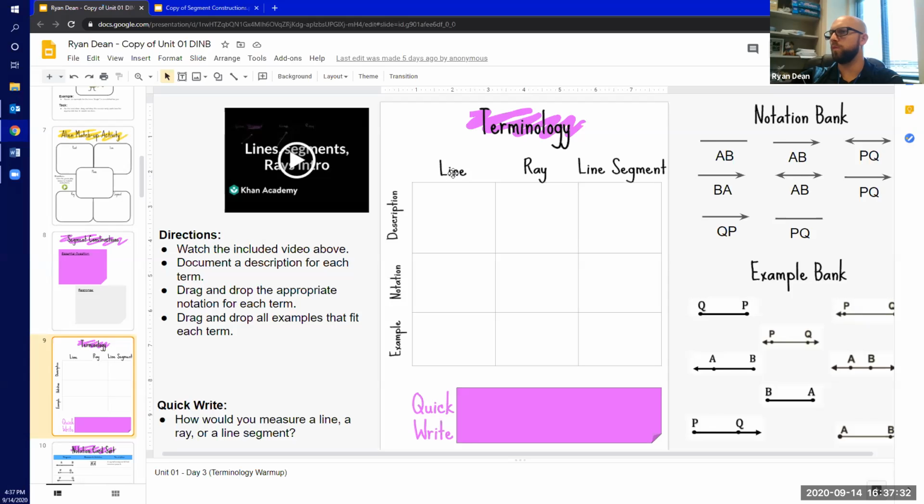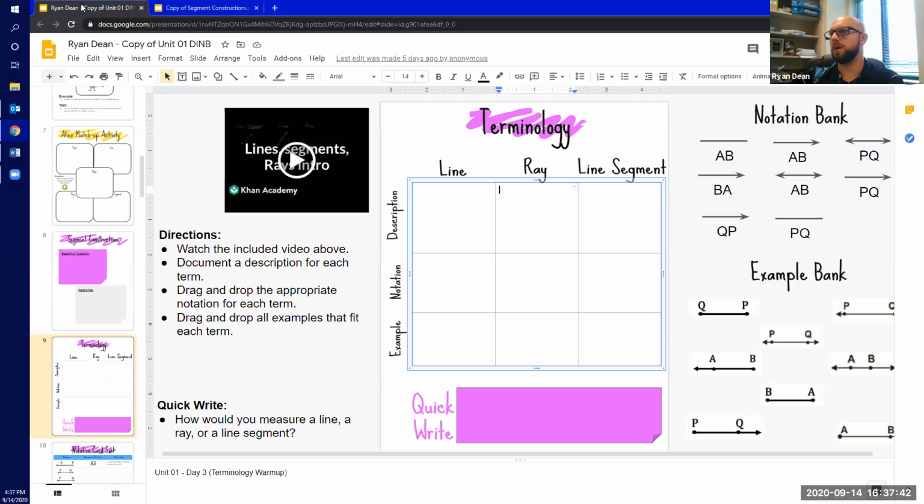So underneath the line, you just write your descriptor, how you would notate it in an example. With the ray, this is where you would need to put the two things that we listed out of how to describe what a ray is. And then down here is where you would put how to write the notation of a ray.